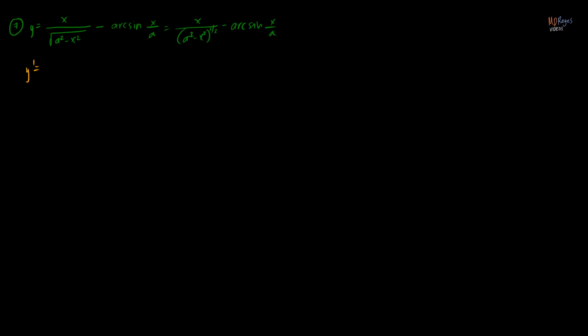Okay, so the quotient rule for the first term, where u is the numerator and v is the denominator. So it's a squared minus x squared raised to 1/2. That's v times du.